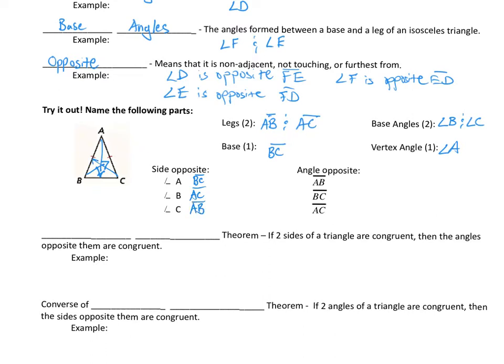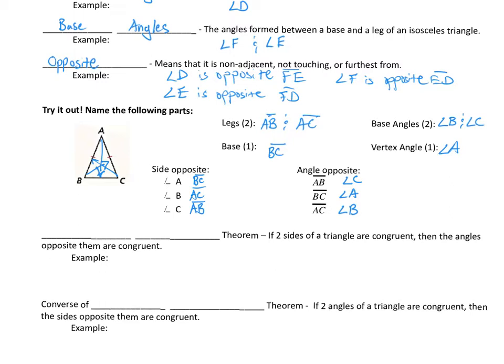So AB is opposite angle C, BC is opposite angle A, and AC is opposite angle B. So you can write it backwards and forwards just like that.